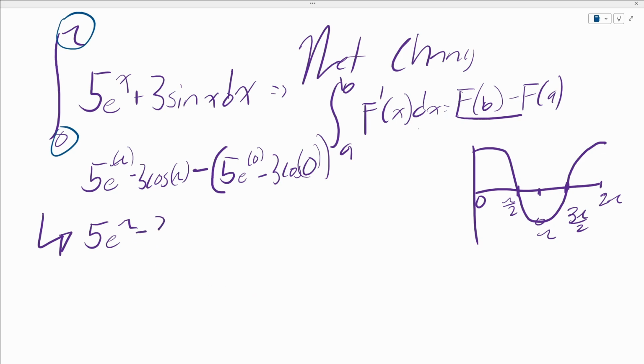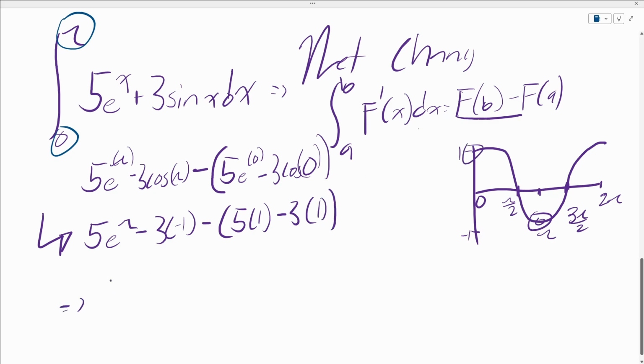So we have minus 3. Cosine of pi is negative 1. So we'll have 3 times negative 1 minus 5e to the 0. E to the 0 is just 1. So we'll have 5 times 1 minus 3, and cosine 0 is 1. So just 1.